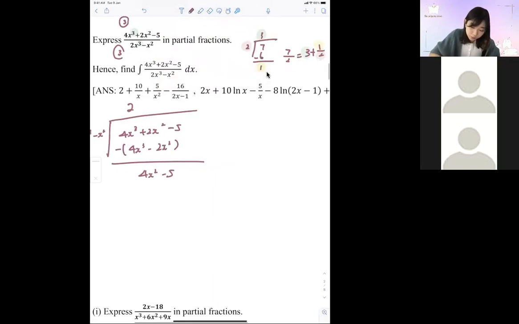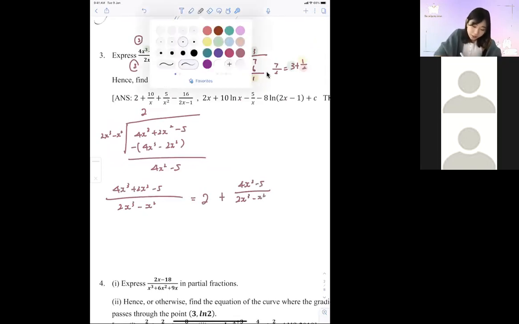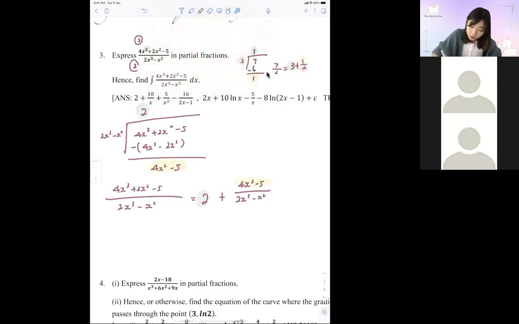Your fraction is the same as quotient plus remainder over divider. So every time you do polynomial or partial fraction, if you forget the formula, you just use simple numbers to see how you can form an equation. You just apply the same thing. It works the same way.